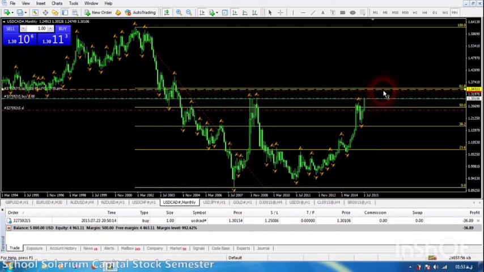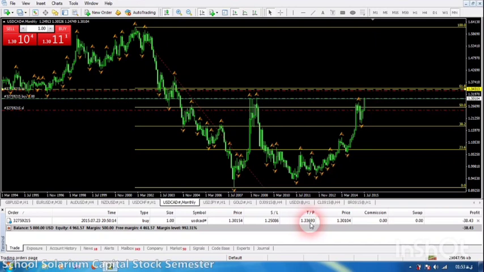I drag it up and I put it where I analyzed. So in here, you can see that my take profit is right there. So I have determined my target.